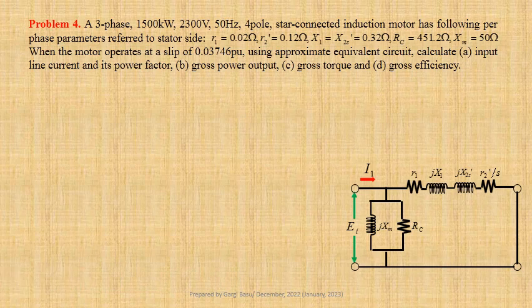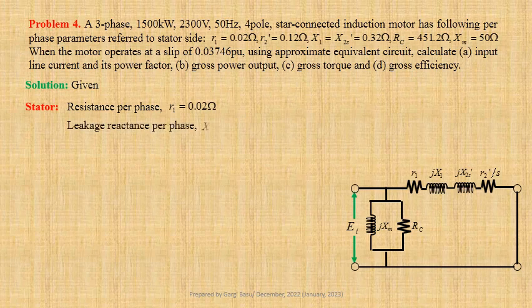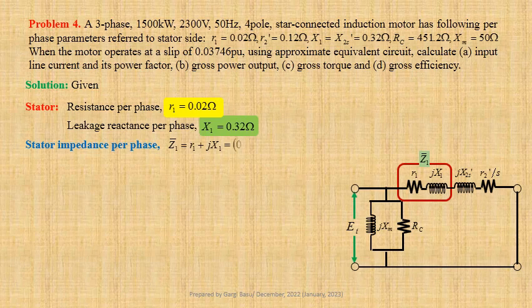Let us first write down the given data. For stator winding, resistance per phase R1 equals 0.02 ohm and leakage reactance per phase X1 equals 0.32 ohm. Expression for stator impedance per phase Z1 equals R1 plus jX1 equals 0.02 plus j times 0.32 ohm.